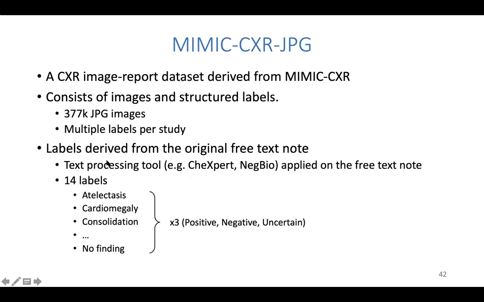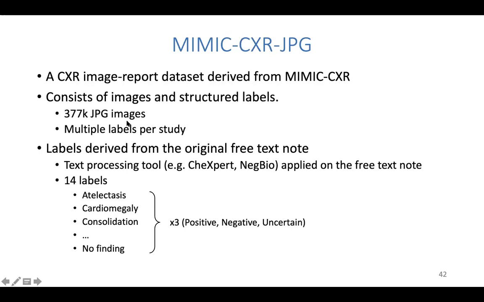They applied a text processing tool, either CheXpert or NegBio, on the free text note to come up with 14 different labels. And the 14 labels can be represented in 3 different forms: positive labels, negative labels, and uncertain labels. So in total, each study is associated with 42 different labels, or 42-dimensional output classes. That's the only difference between the CXR and the CXR-JPG.